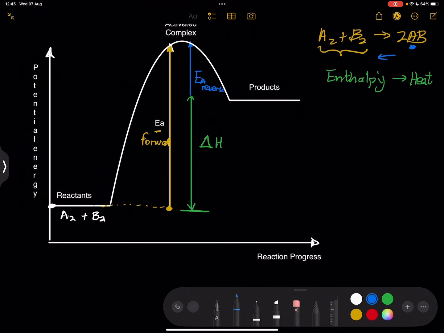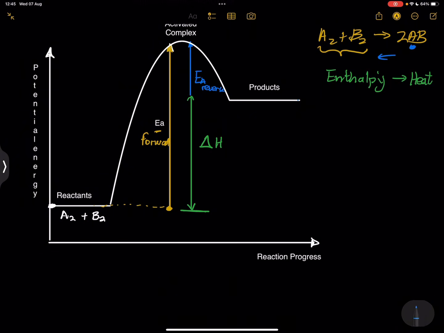Once they have formed those bonds, in this case, we now have the energy of the products. So the difference between the energy of the products, the potential energy of the products minus the potential energy of the reactants, we call this the enthalpy change, right?